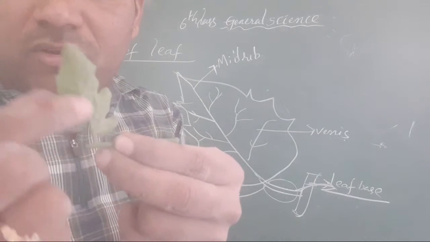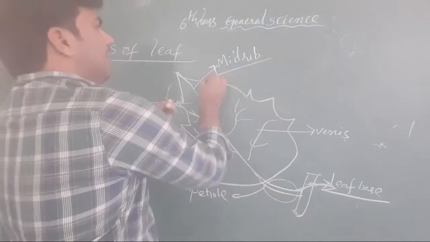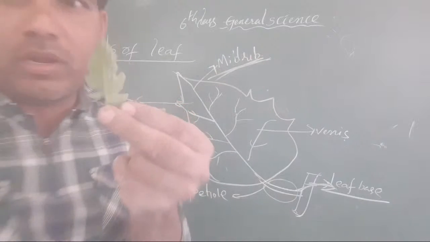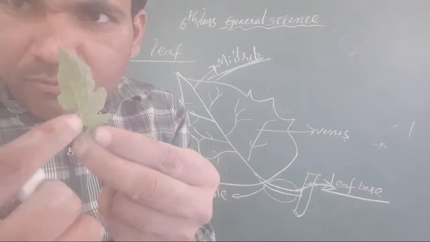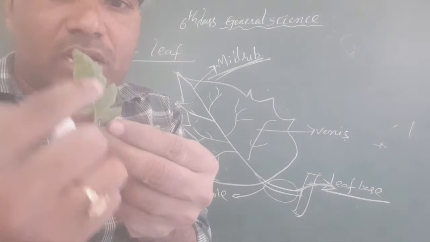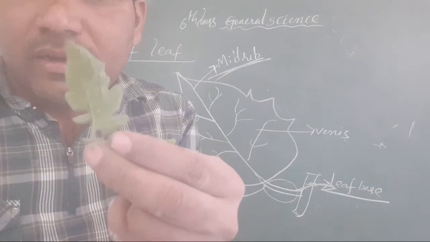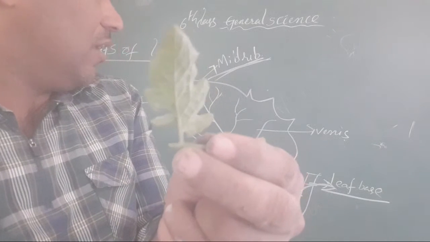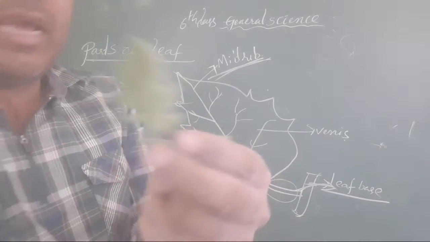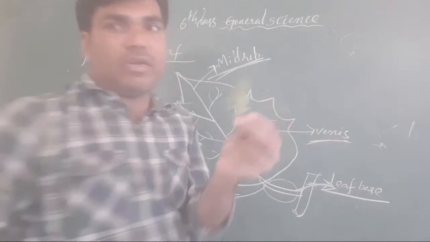That is called the midrib. This is called what actually? This is the midrib. Based on the midrib, other lines are also there. Those lines are called what? Veins. Got it or not, all the students?